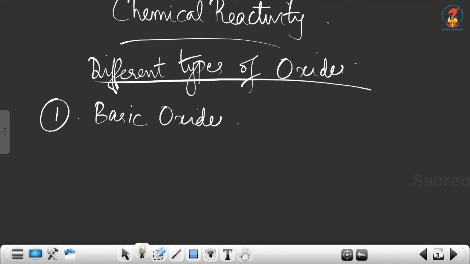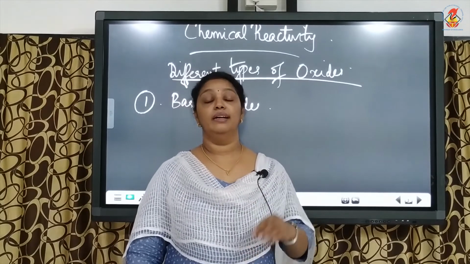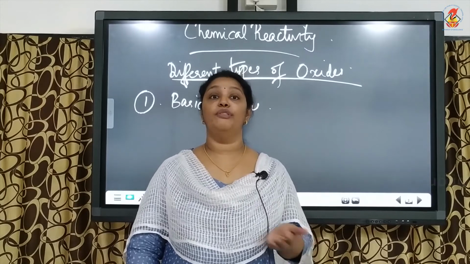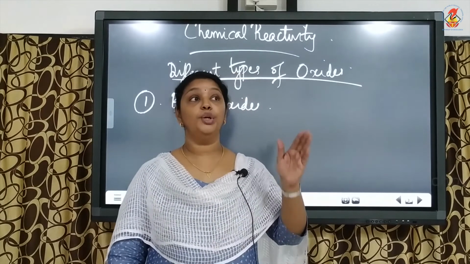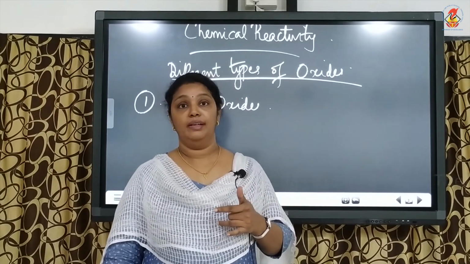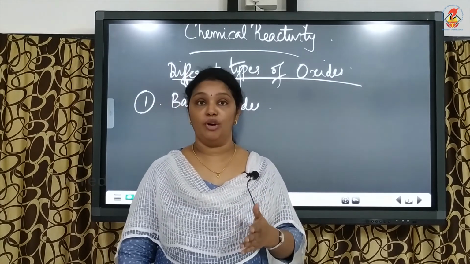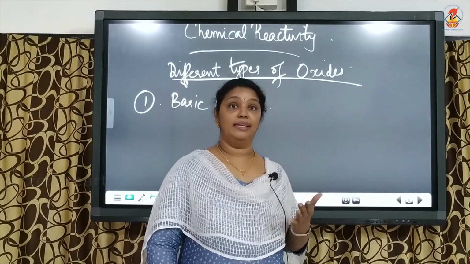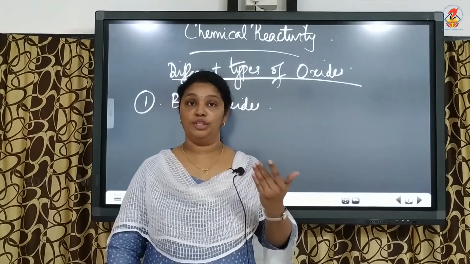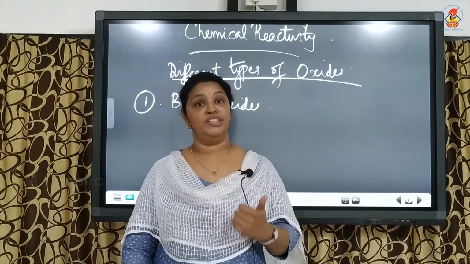Now, what do you mean by basic oxides? Basic oxides means the oxides which, when added to water, form bases. Group 1 elements and group 2 elements mainly form basic oxides. For example, you add calcium oxide to water, you get calcium hydroxide, which is a base.